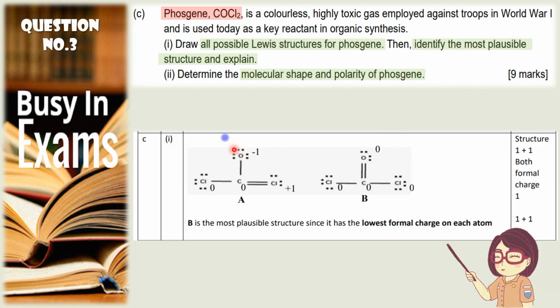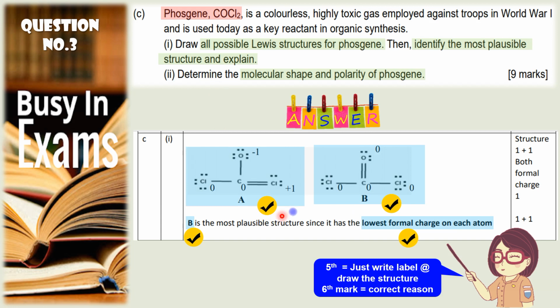So how to answer for C1? This is the answer. When you draw the Lewis structure, we notice that the carbon has not achieved octet yet. So therefore, you have to draw a double bond. The double bond should be between carbon and Cl, or between carbon and O. Next, you calculate the formal charge.